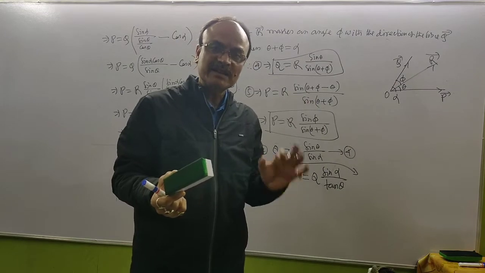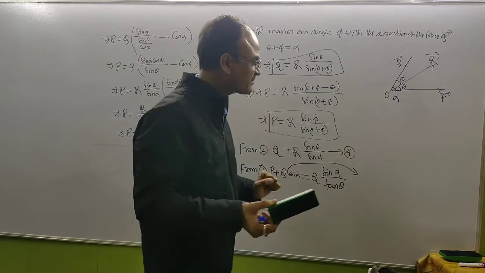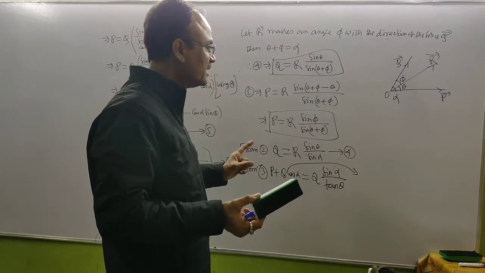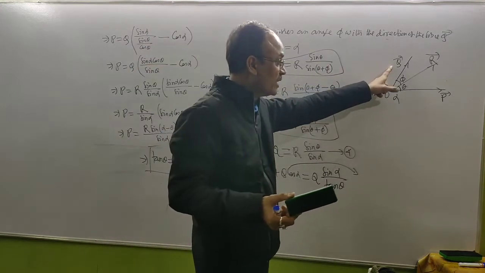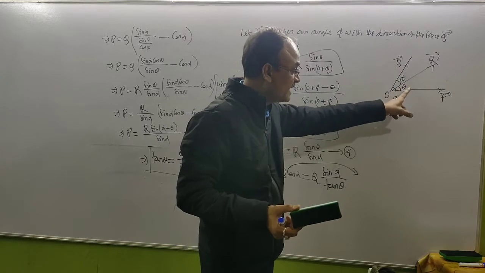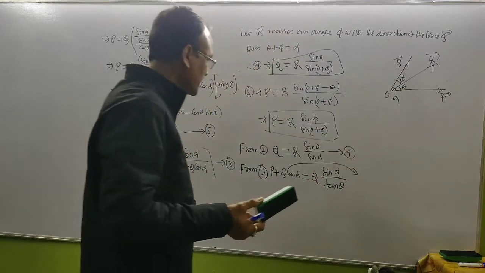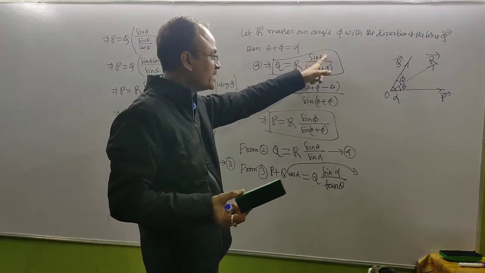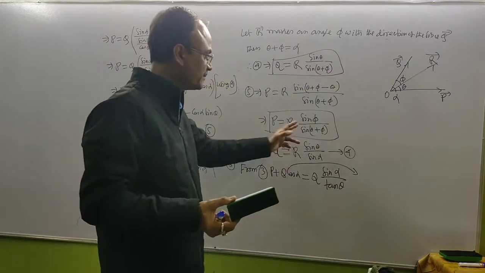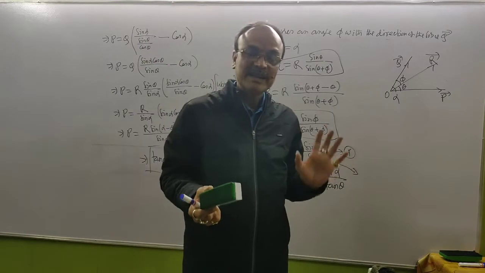What is theta plus phi? The angle between P and Q. Also Q equal to R sin theta divided by sin theta plus phi. We can express like this also.